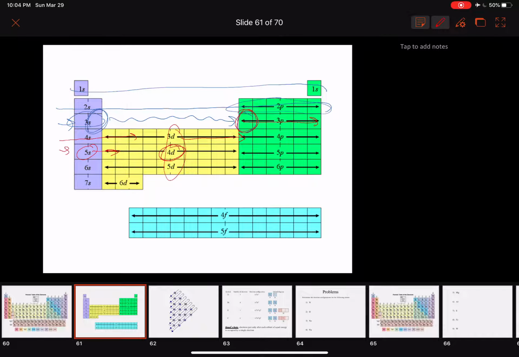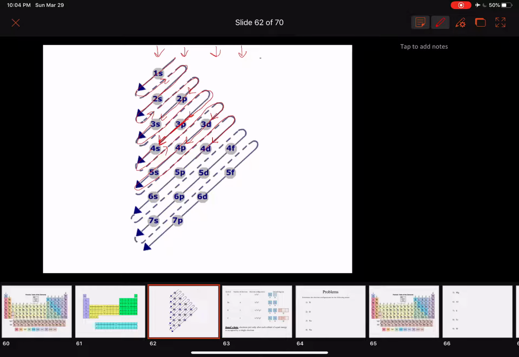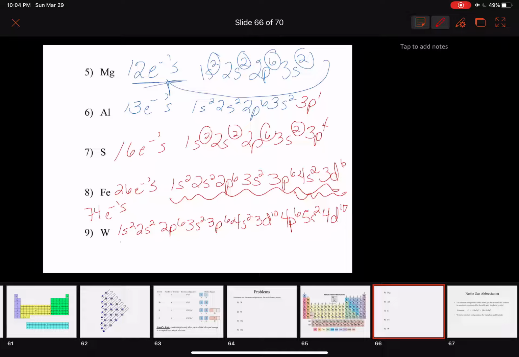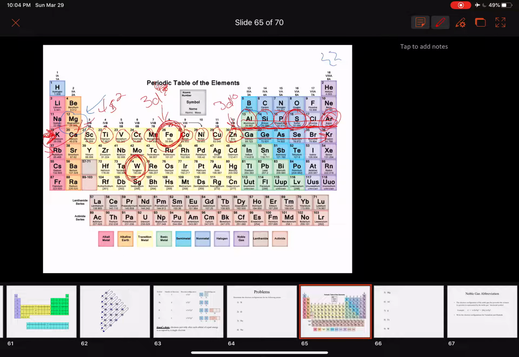So then we go to the 5p, and the p's can hold 6, so we go to 5p6. You can see that here, 4d10, 5p6. And we're still not at tungsten. So our 5p6 will be right here.